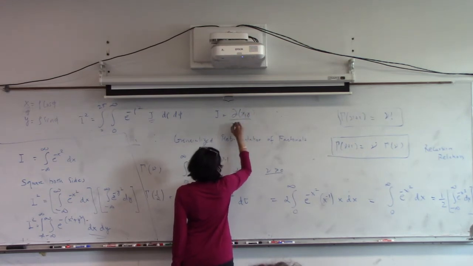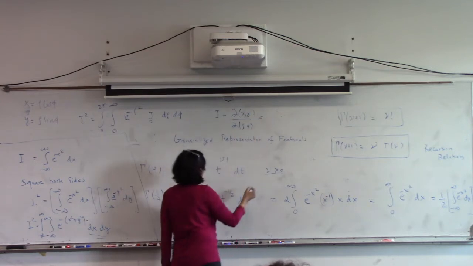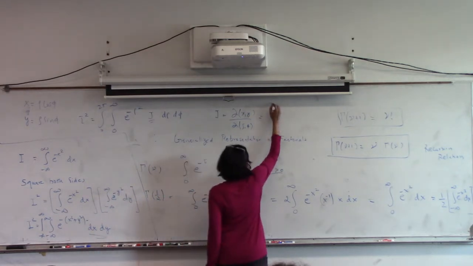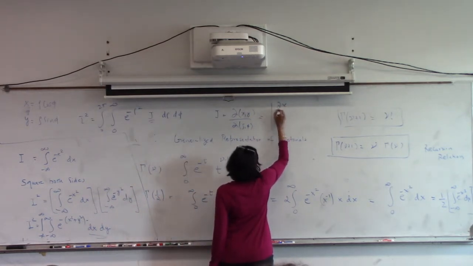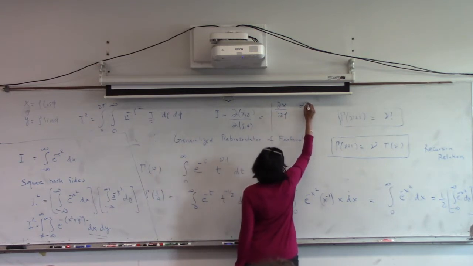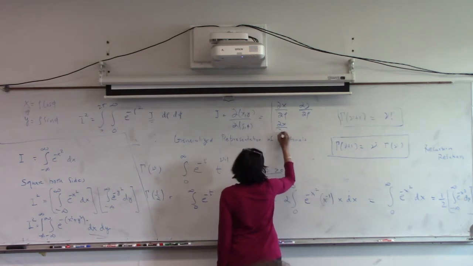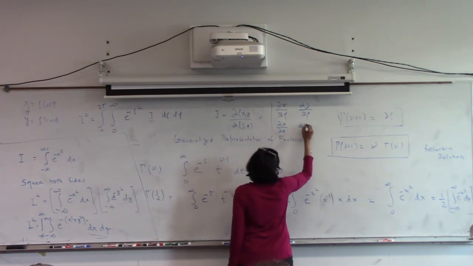I'm just going to write it like this, the usual notation, right? It's a determinant of partial x with respect to rho, partial y with respect to rho, partial x with respect to phi, partial y with respect to phi.